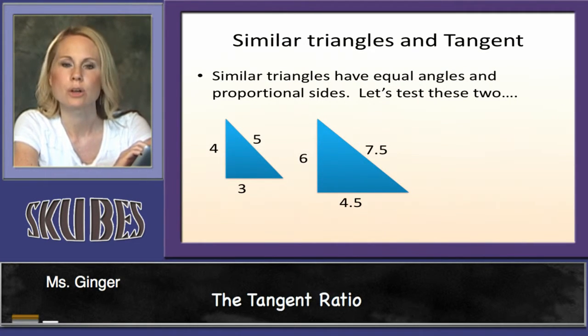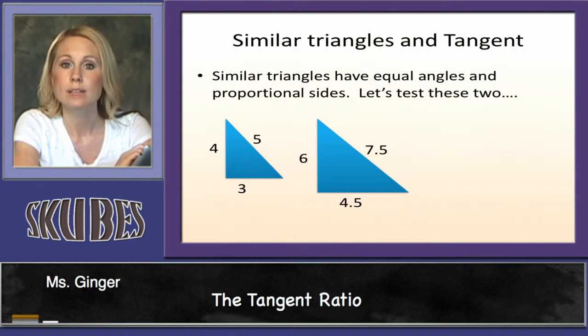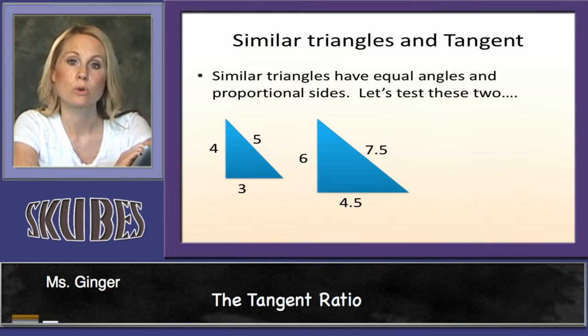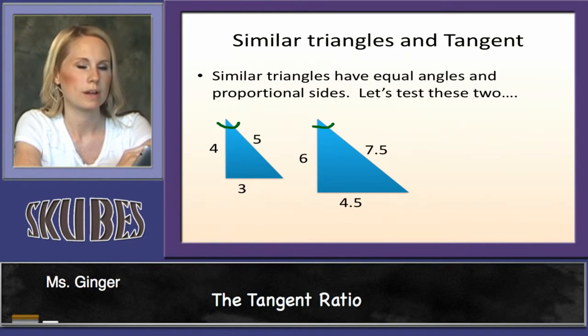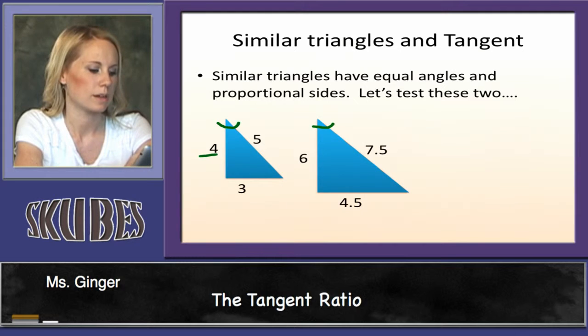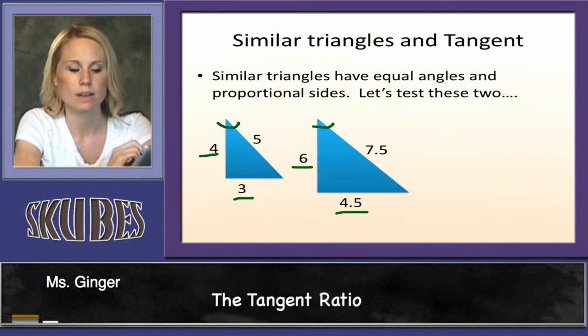They have the same ratio when you compare. And we also know that the angles are the same exact angle measures for the corresponding angles. For instance, if these two triangles were similar, then these corresponding angles would be exactly the same measure. And any two corresponding sides should have the same relationship as any two other corresponding sides.